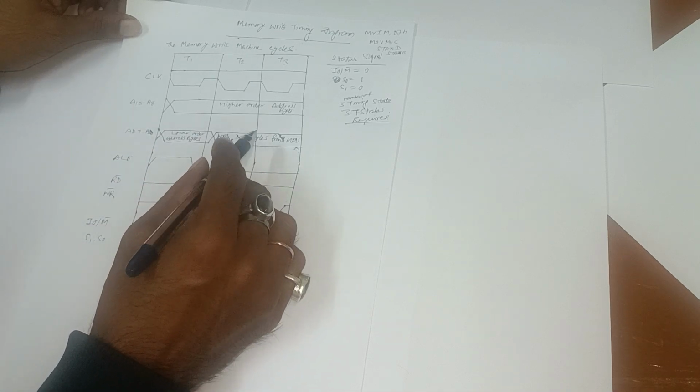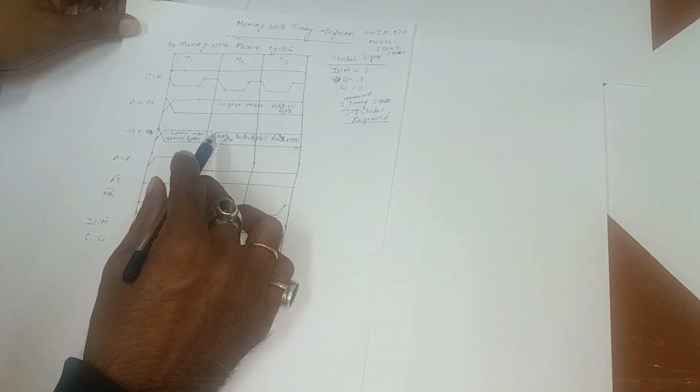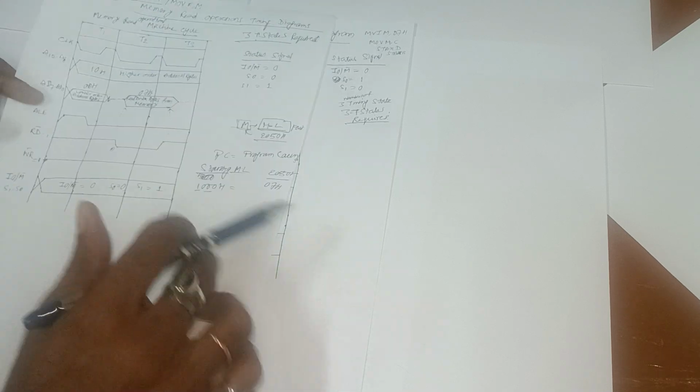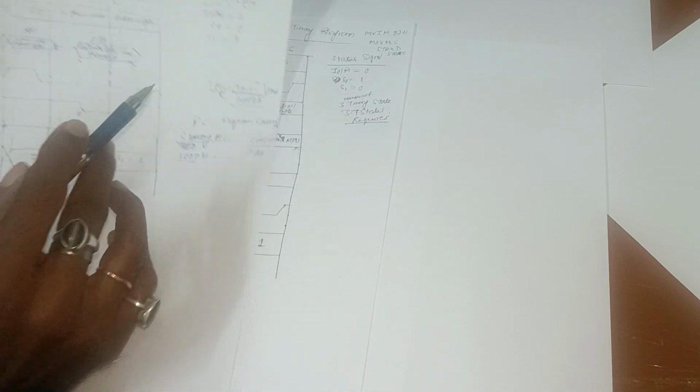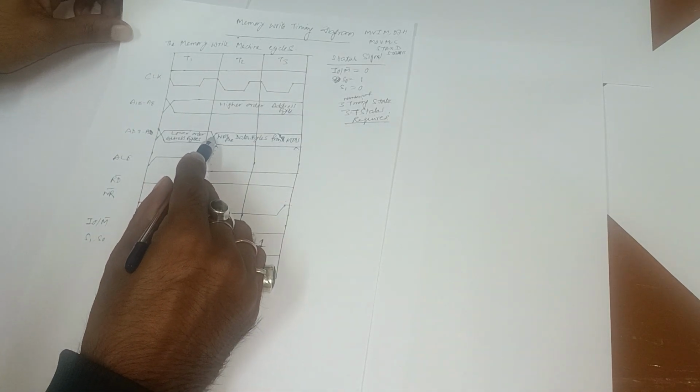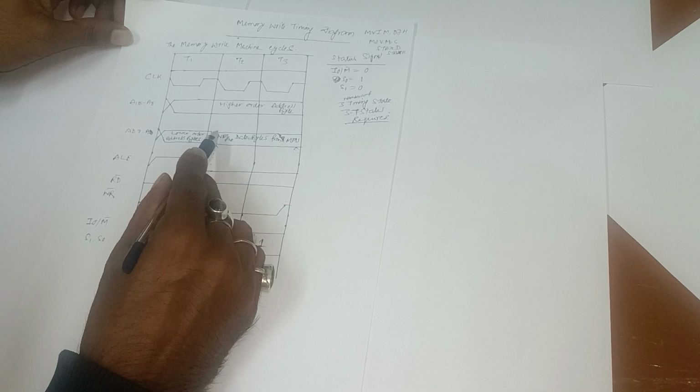Be clear with that. Majority of the students make mistakes here only. While drawing the memory write, they also provide this kind of gap, but don't do this, it is not the right thing. You don't need to provide any kind of delay. It will be taken directly.